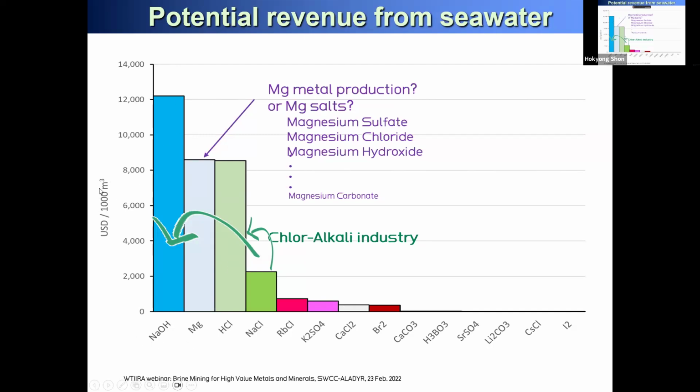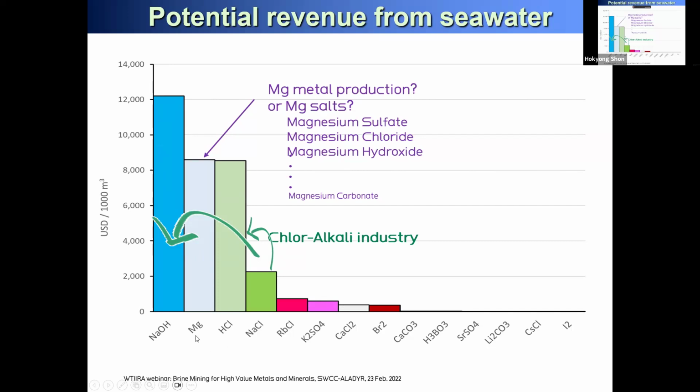When you treat 1,000 cubic meters of seawater brine, the US dollar value is almost 12,000 for sodium hydroxide. So you have this much brine, and you can produce a huge amount of sodium hydroxide, which can give a lot of value.